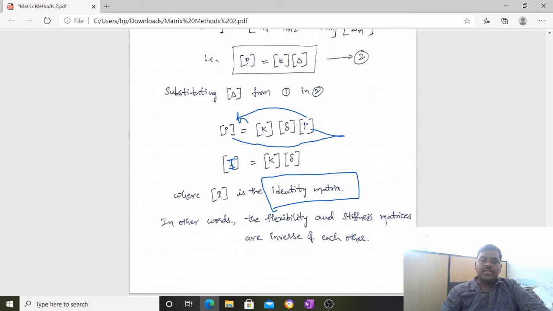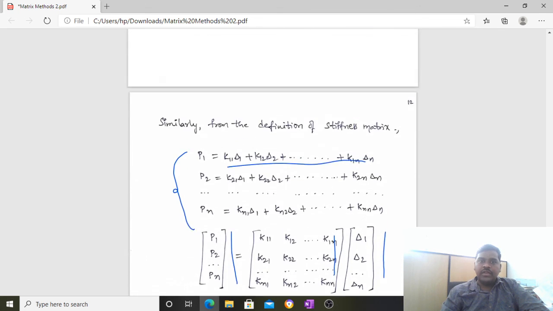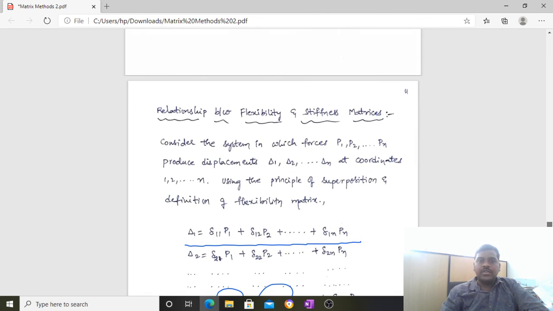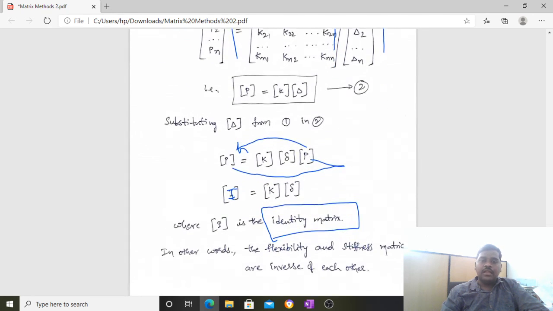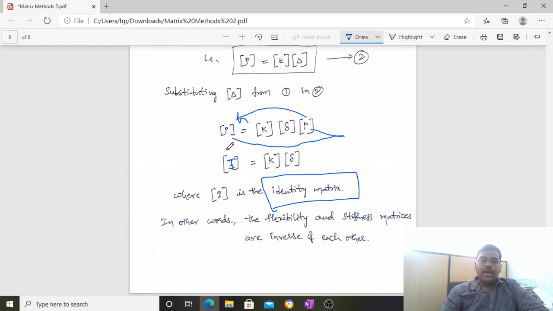So in other words, the flexibility and stiffness matrices are inverse of each other, and by this we can say that the relationship between flexibility and stiffness matrices is I is equal to K into delta.